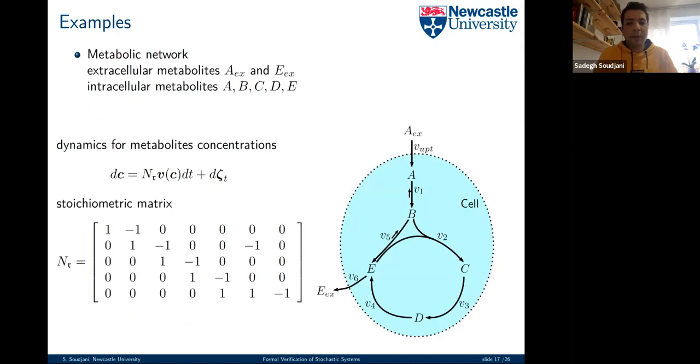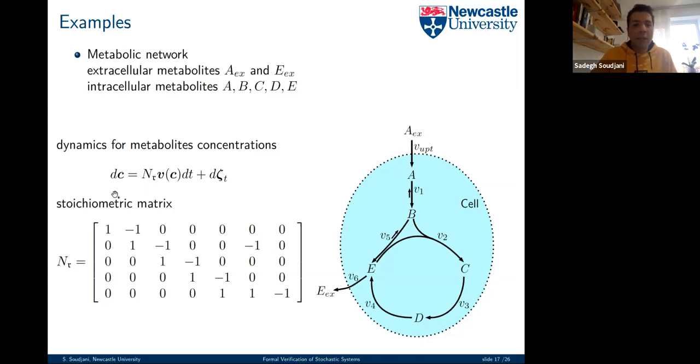To give another example, consider a metabolic network. So here we have some extracellular metabolites, A external and E external, and some intracellular metabolites, A, B, C, D, and E. If we write down the dynamics for metabolite concentrations, we get a stochastic differential equation.